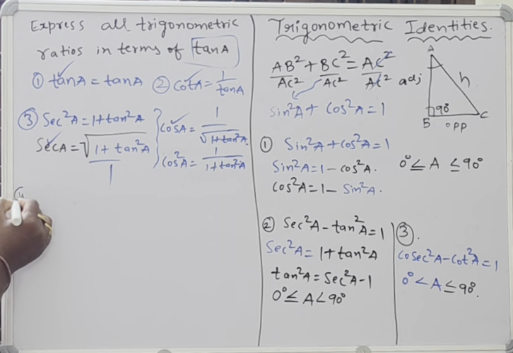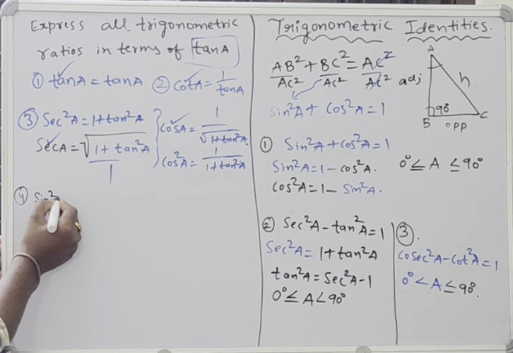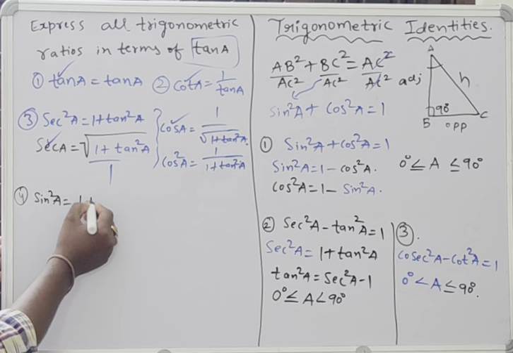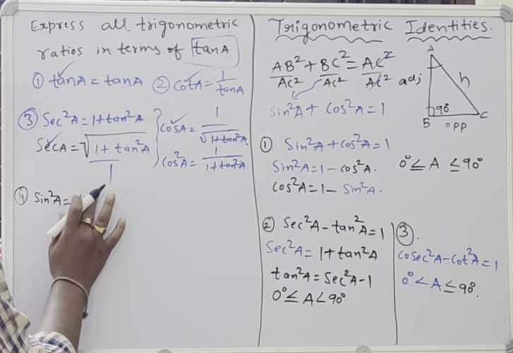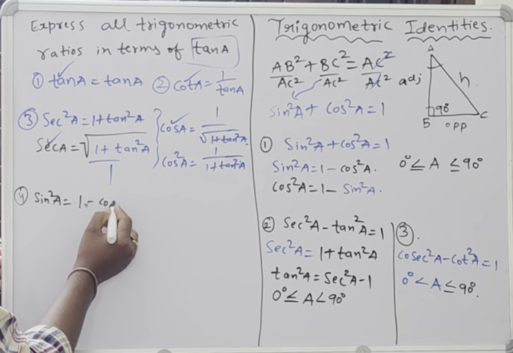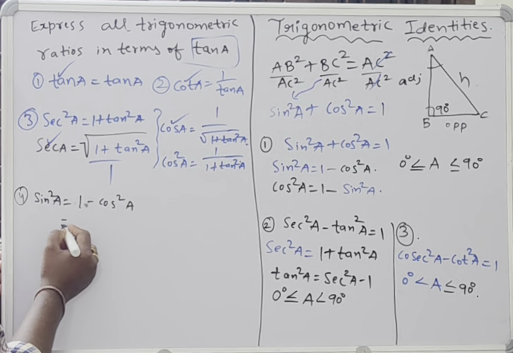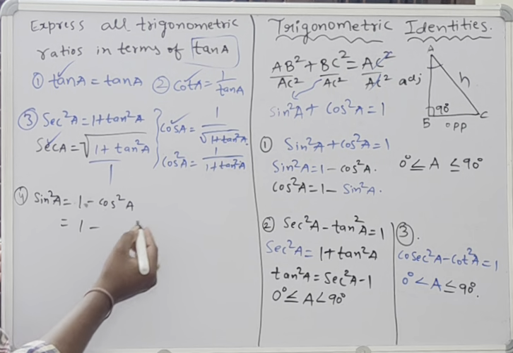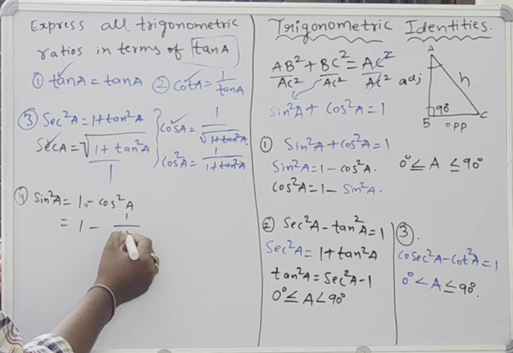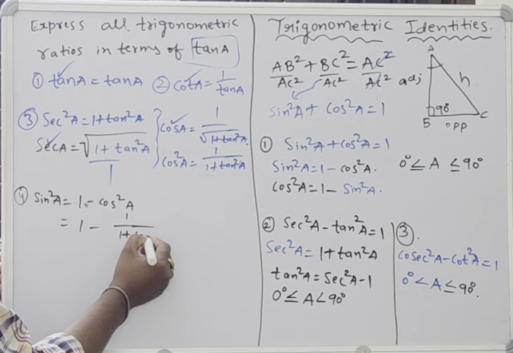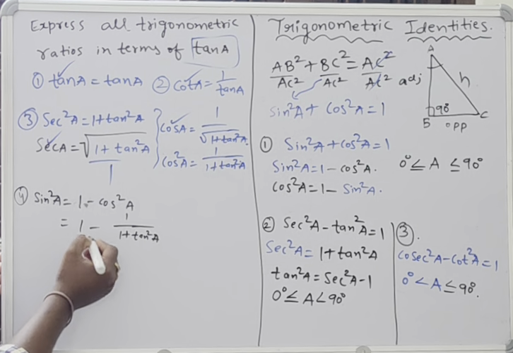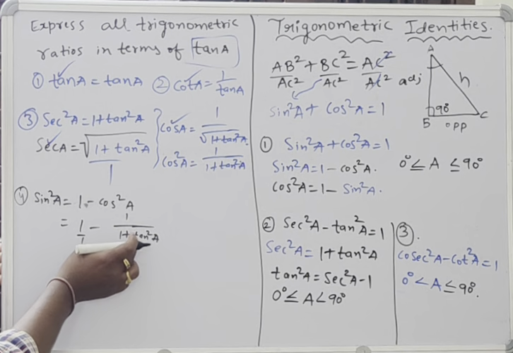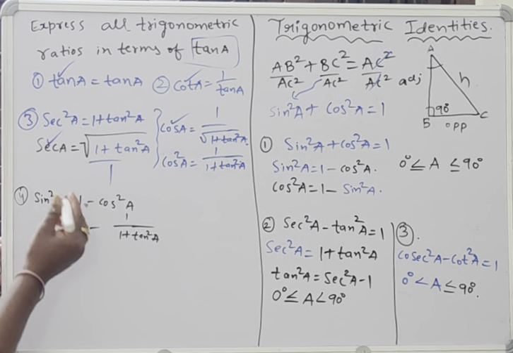Let's do it for sine square A. Sine square A is equal to 1 minus cos square A. 1 minus, what is cos square A? 1 by 1 plus tan square A. When you make the denominator the same, what is going to happen? 1 plus tan square A will come here.